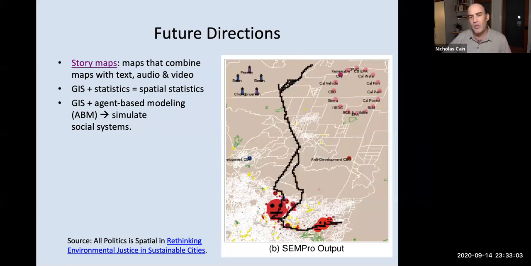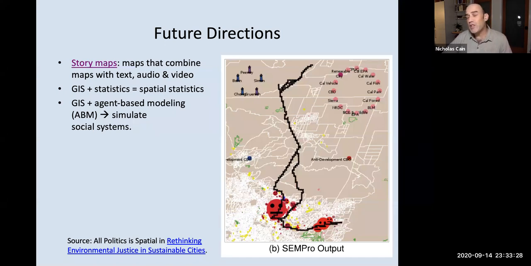Esri, one of the large makers of GIS software, has a free online system where you can make story maps. So I encourage you, perhaps for your projects here in PPD 554, to experiment with story maps and see how they can help enliven your presentation and help you make associations and see patterns that you might not see otherwise.